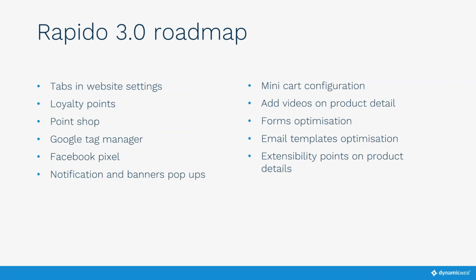Then we have a lot of things with loyalty points and implementation of Google Tag Manager and Facebook Pixels, the possibility of adding notification and banner pop-ups for signing up to the newsletter, or showing discounts and stuff like that, running campaigns on the website, and a lot of other optimizations based on some of the feedback that we got from you.